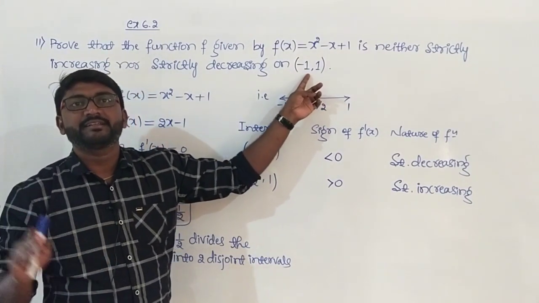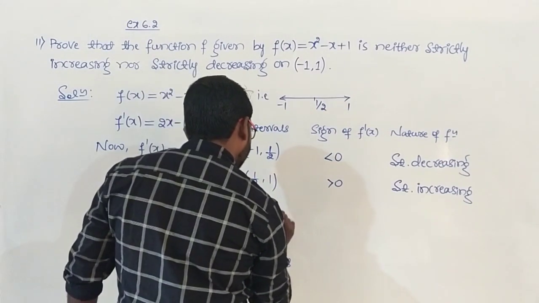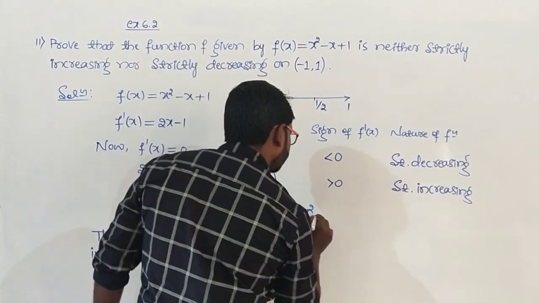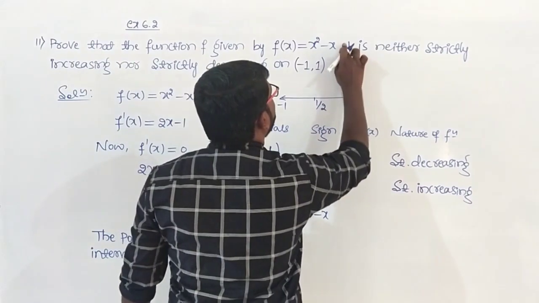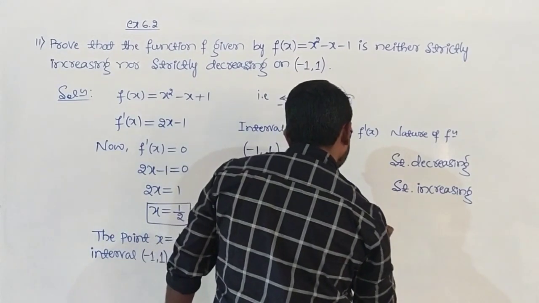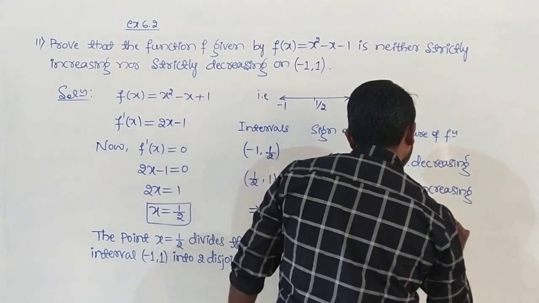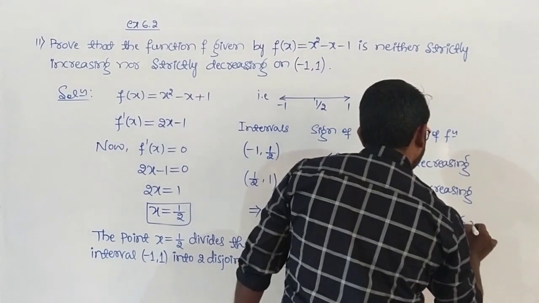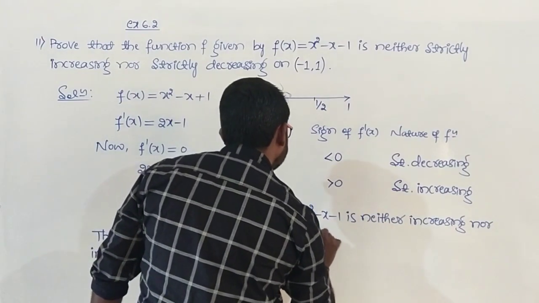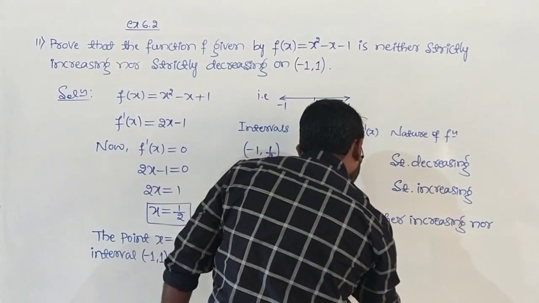That means it is neither increasing nor decreasing. So this implies f of x equal to x square minus x plus 1 is neither increasing nor decreasing on open interval minus 1 comma 1.